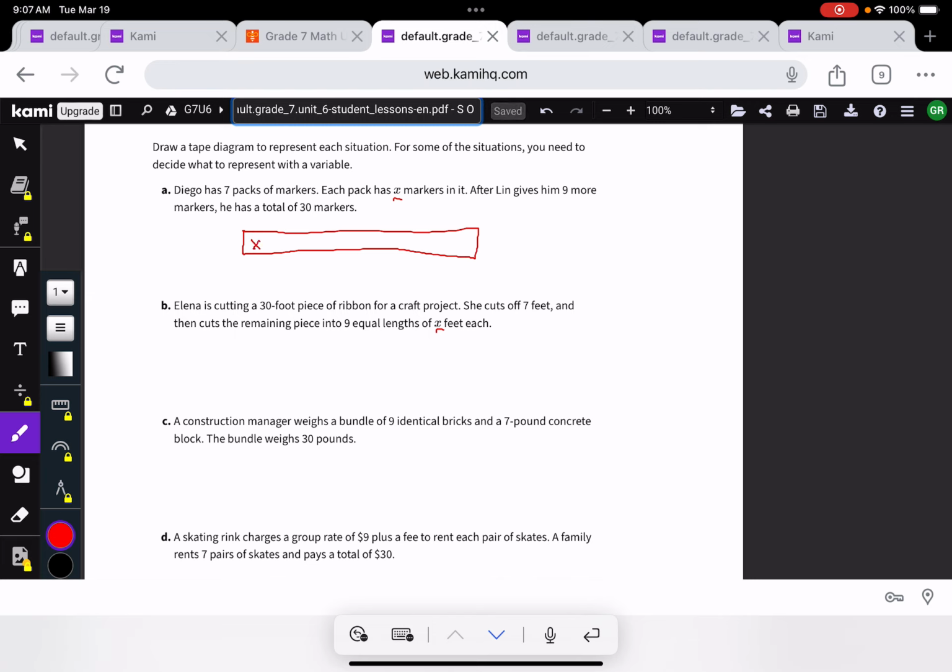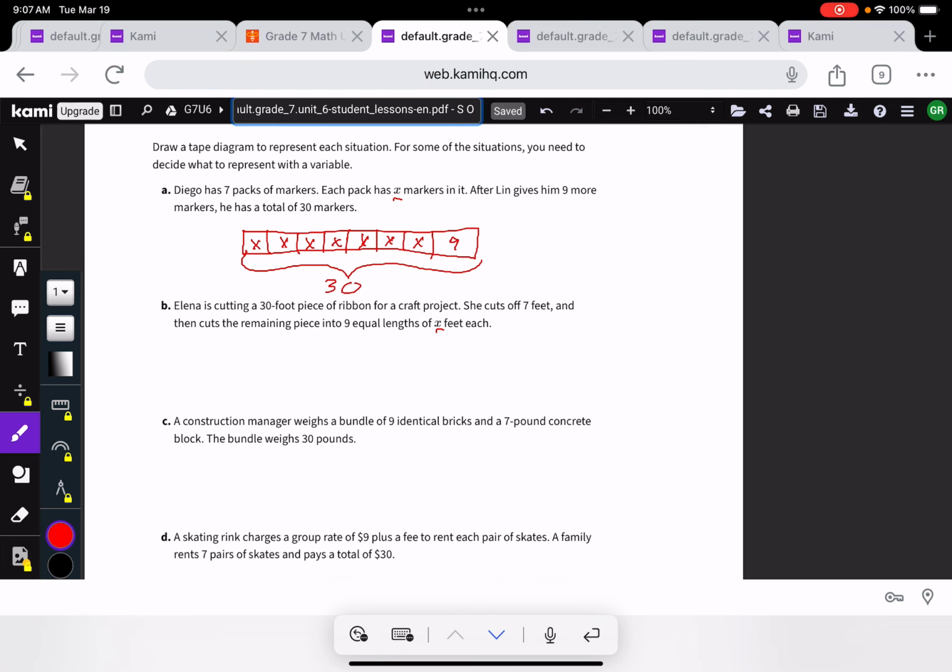So there's 1, 2, 3, 4, 5, 6, 7. And then he gave me 9 more markers. And there's that additional 9. And all together, that equaled 30 markers. So that's how A looks.